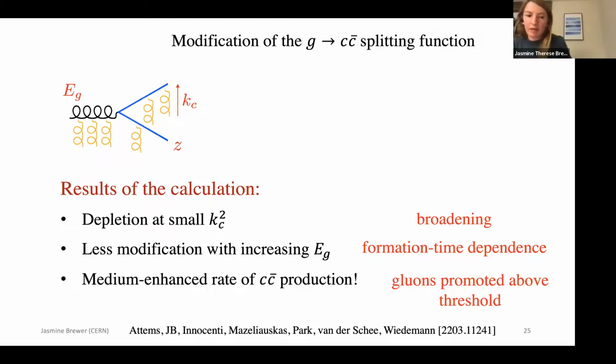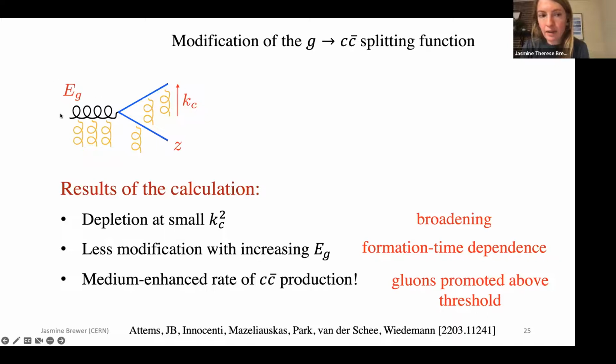So we had a paper relatively recently where we computed the modification of this splitting function of gluon to charm quarks. What I mean by that, at the level we've been talking about here, is that interactions with the medium change this splitting probability as a function of the relative transverse momentum of this c c-bar pair, here called k_c, which earlier I was calling just an angle, and the momentum sharing fraction of this c c-bar pair.